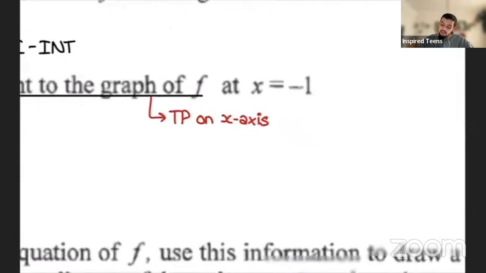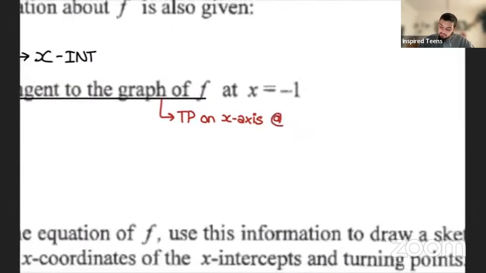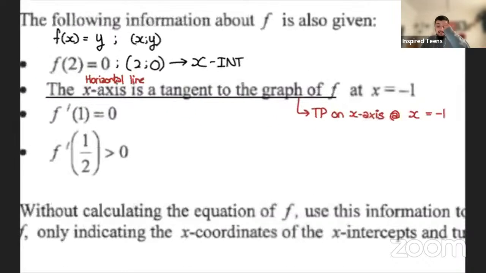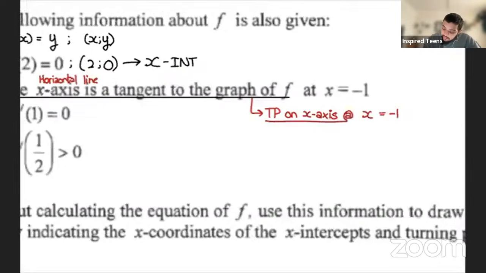The turning point is on the x-axis at x is equal to -1. That's what they are telling us. So the x-axis is a tangent to the graph of f at x is equal to -1. This means that there is a turning point on the x-axis at x is equal to -1.